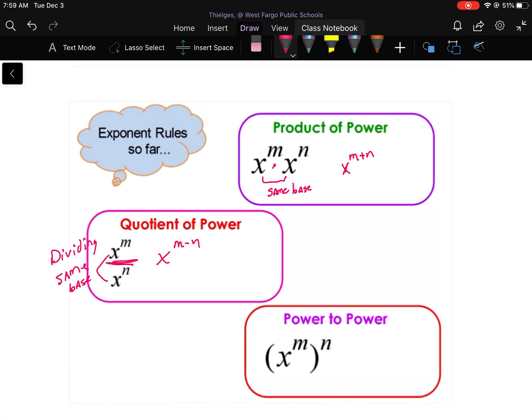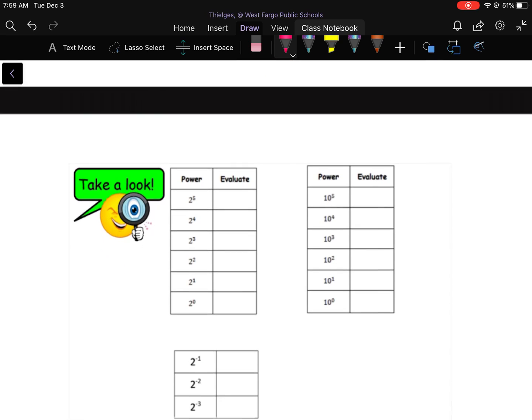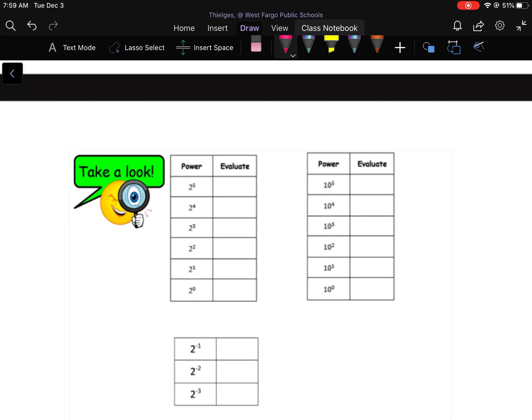And when I've got a power raised to another power, so you've got these parentheses and another power, I can multiply those exponents. So those are some exponent rules we've got so far. We're just going to add a couple more to it.